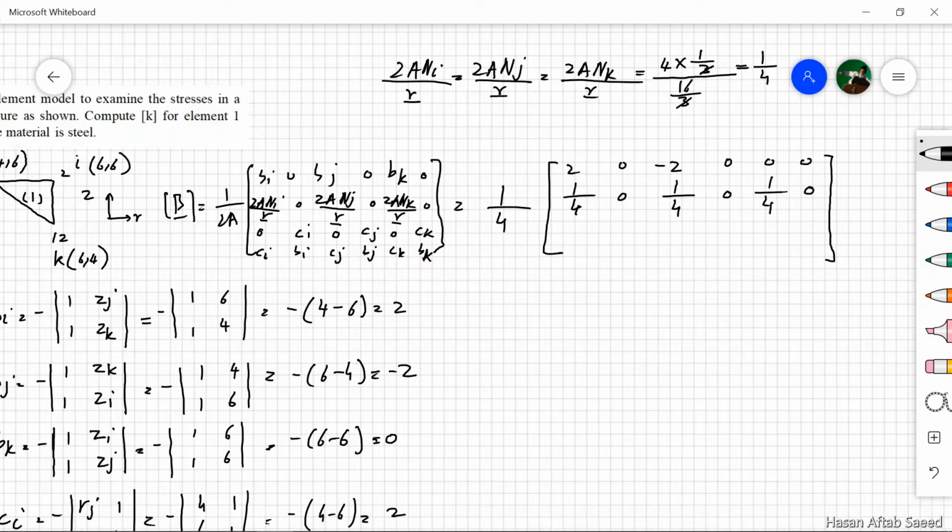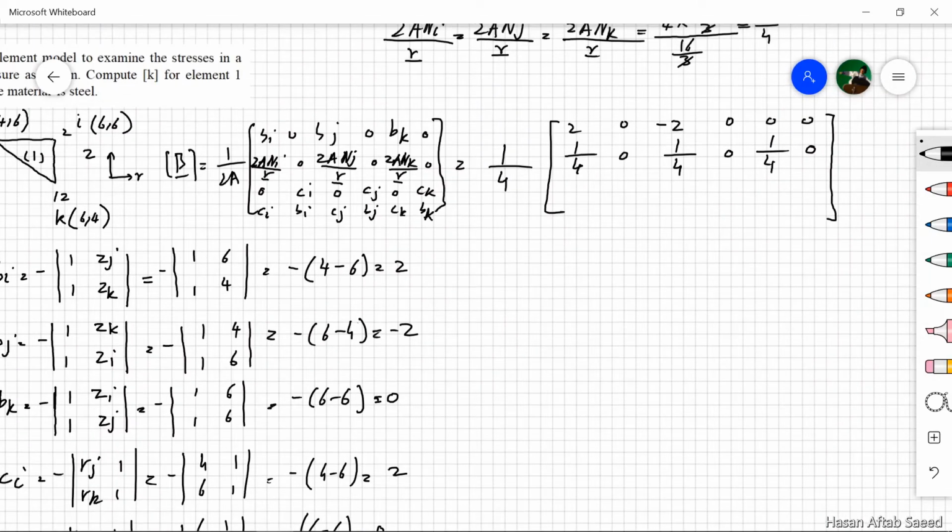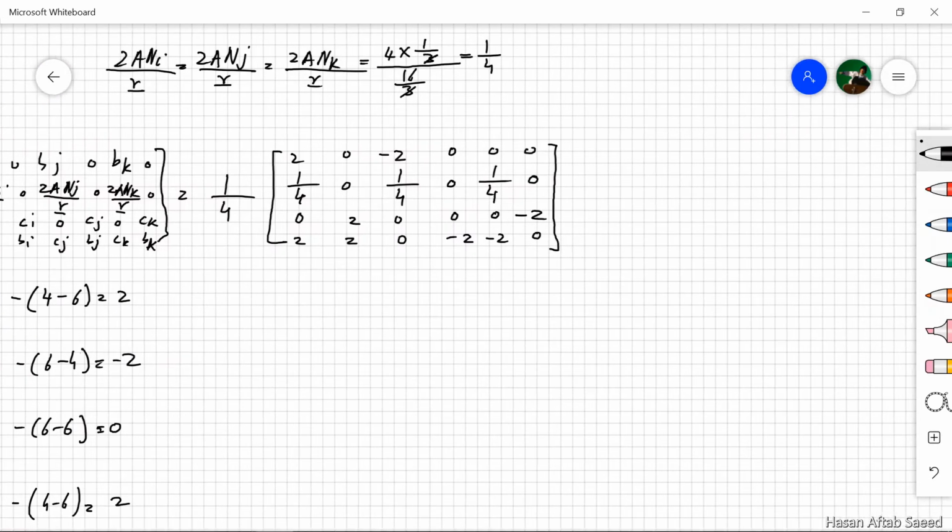The rest is Ci, Cj, Ck, which are 2, 0, minus 2, and here we have 2, 2, 0, minus 2, minus 2, 0. Or if we prefer, we can write this as 0.5, 0, minus 0.5, 0 and so on.